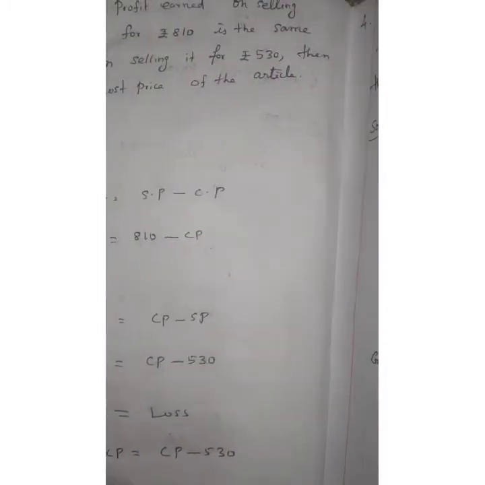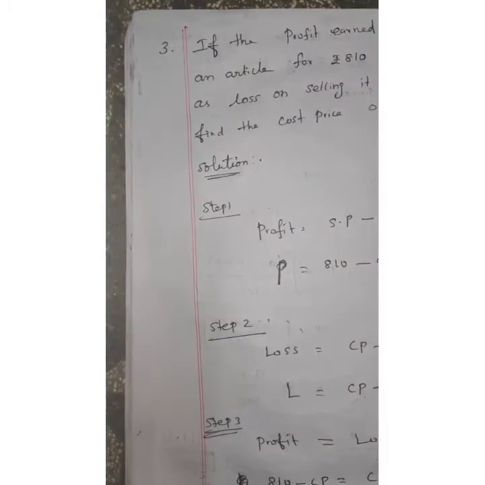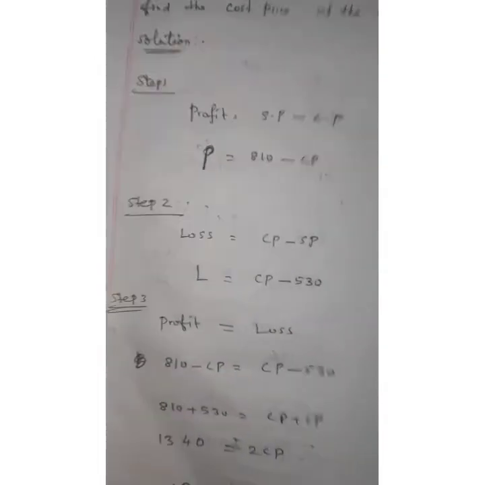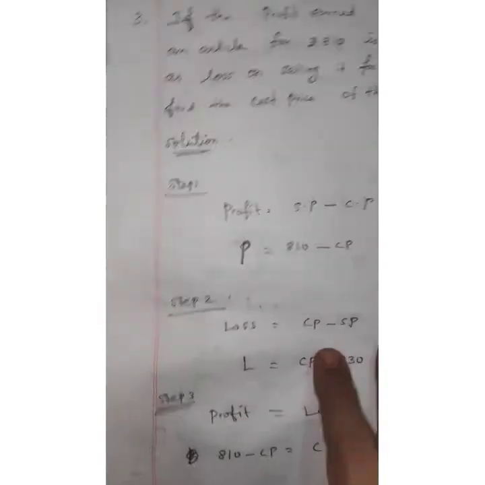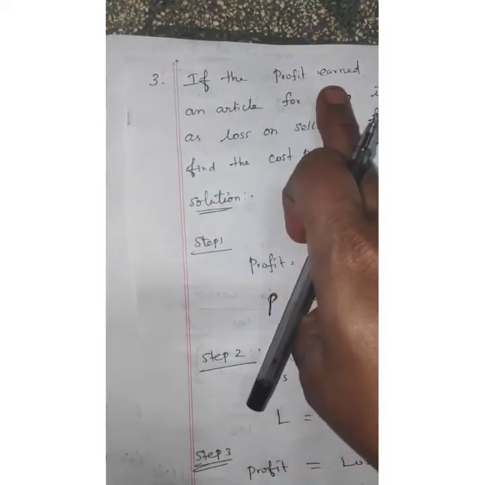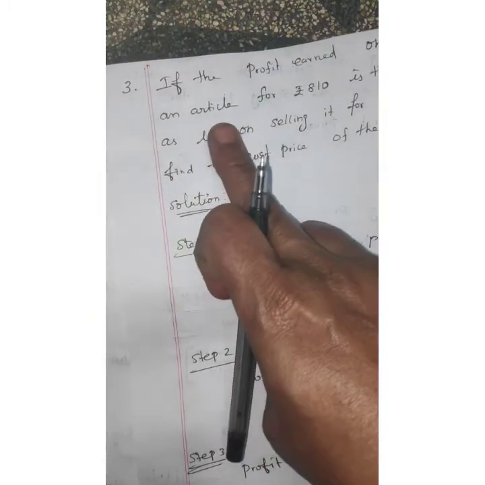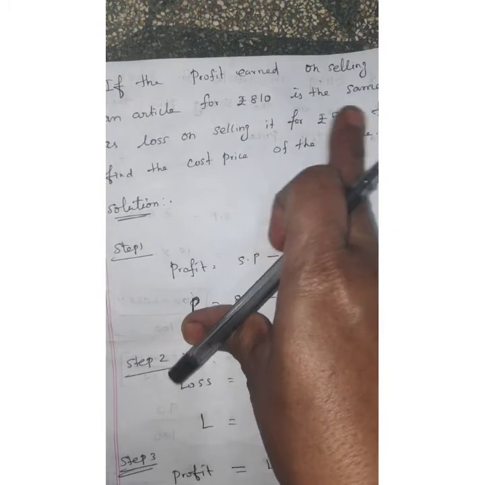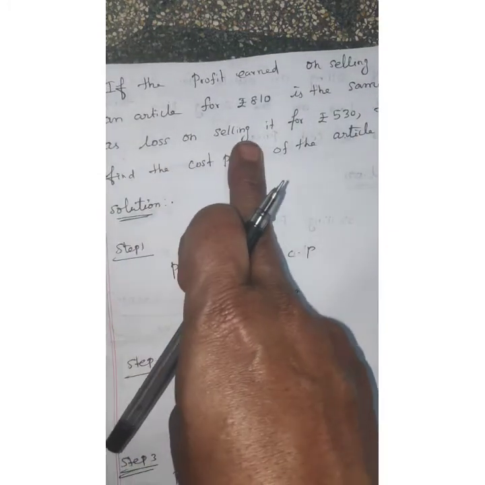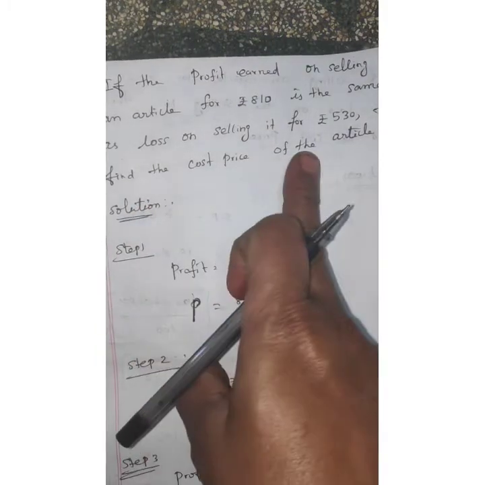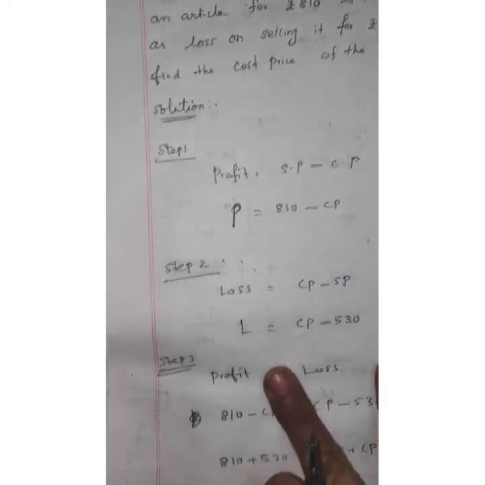Third question. If the profit earned on selling an article for 810 rupees is the same as the loss on selling it for 530, then find the cost price of the article.